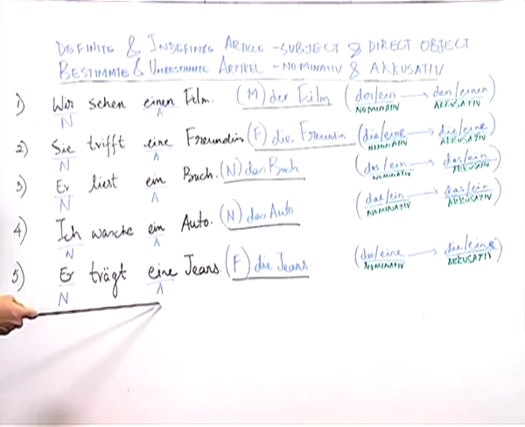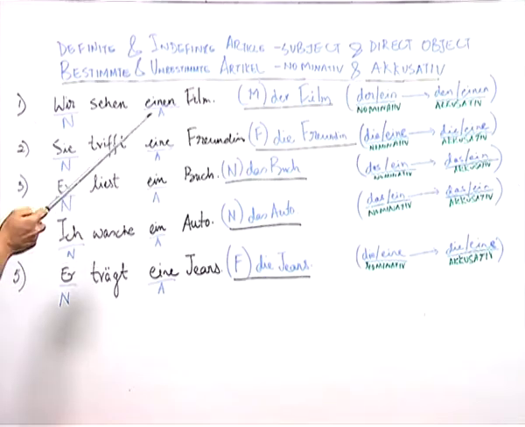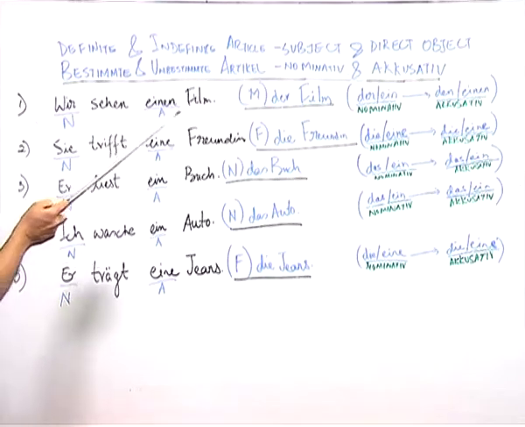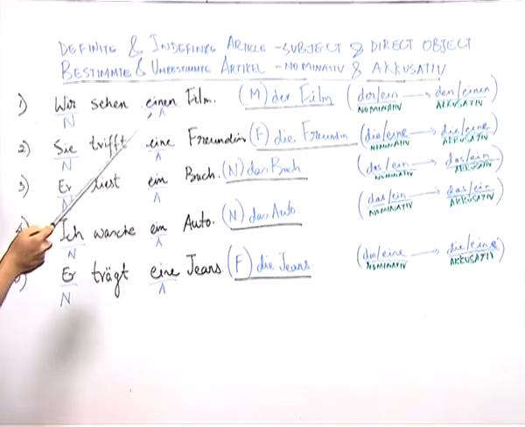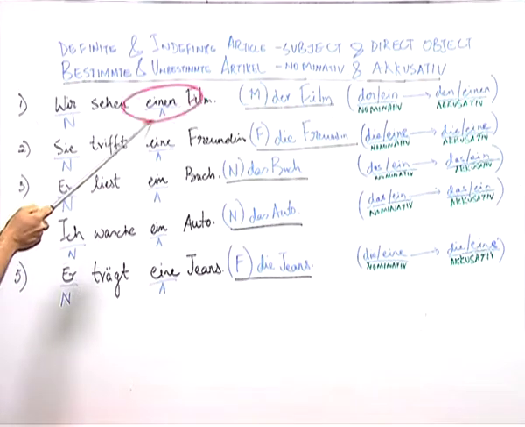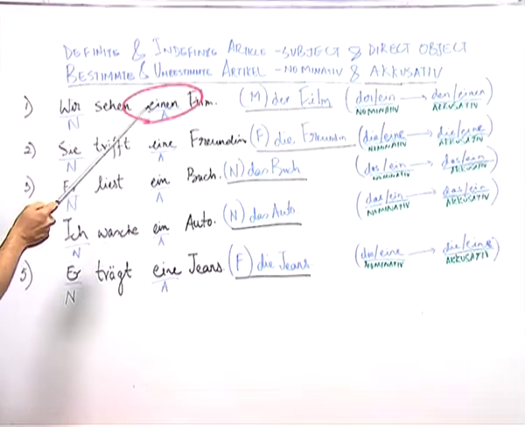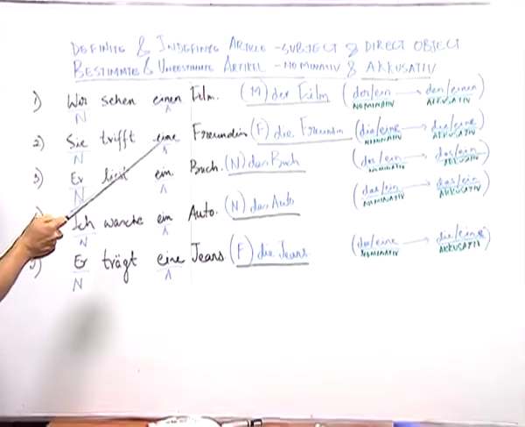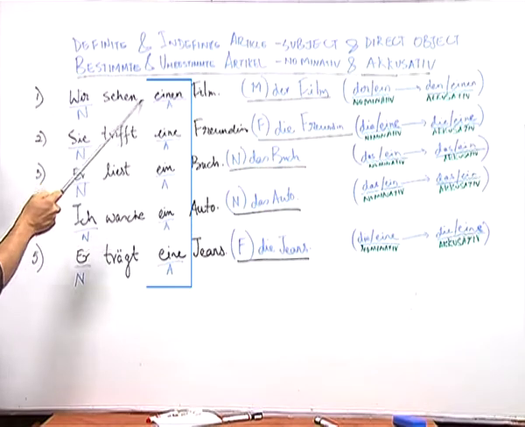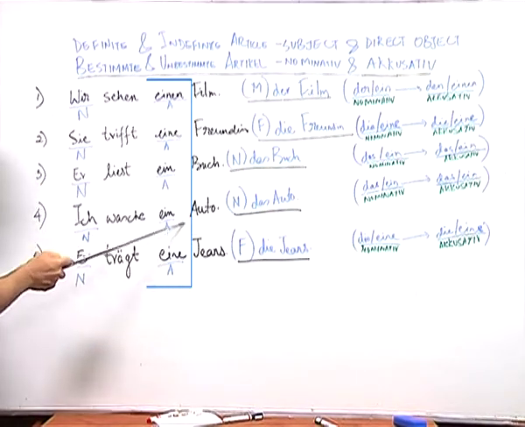So, as you can see in these examples, it is only the masculine article that is changed when it is placed in the accusative case, and especially here in the indefinite article case. Now, as you know, these are all indefinite articles.